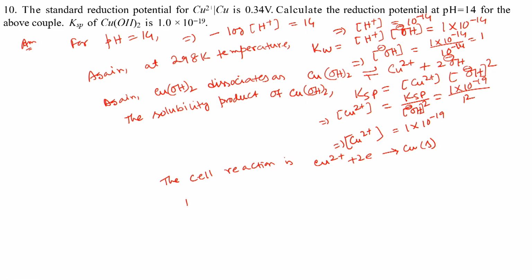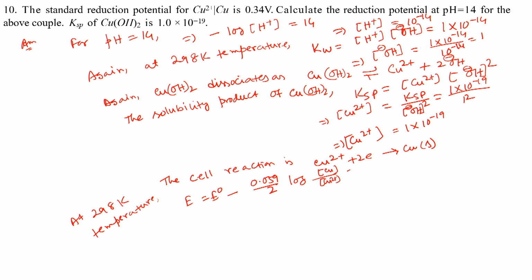So E is E naught minus 0.059 by 2 at 298 K temperature. So we write E equals E naught minus 0.059 by 2 log of the concentration of Cu by the concentration of Cu2+.